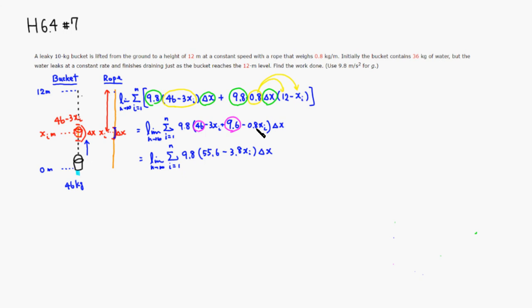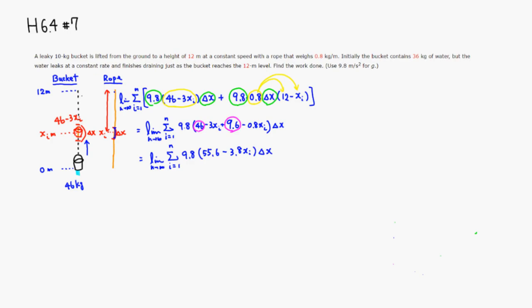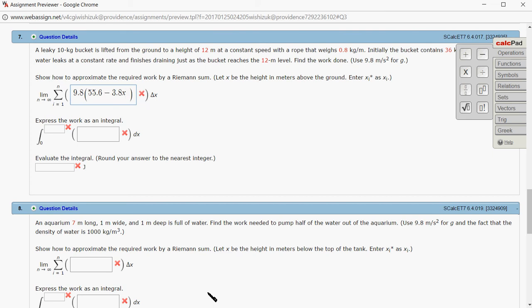So let's type this in. What we got was 9.8 times 55.6 minus 3.8 xi.